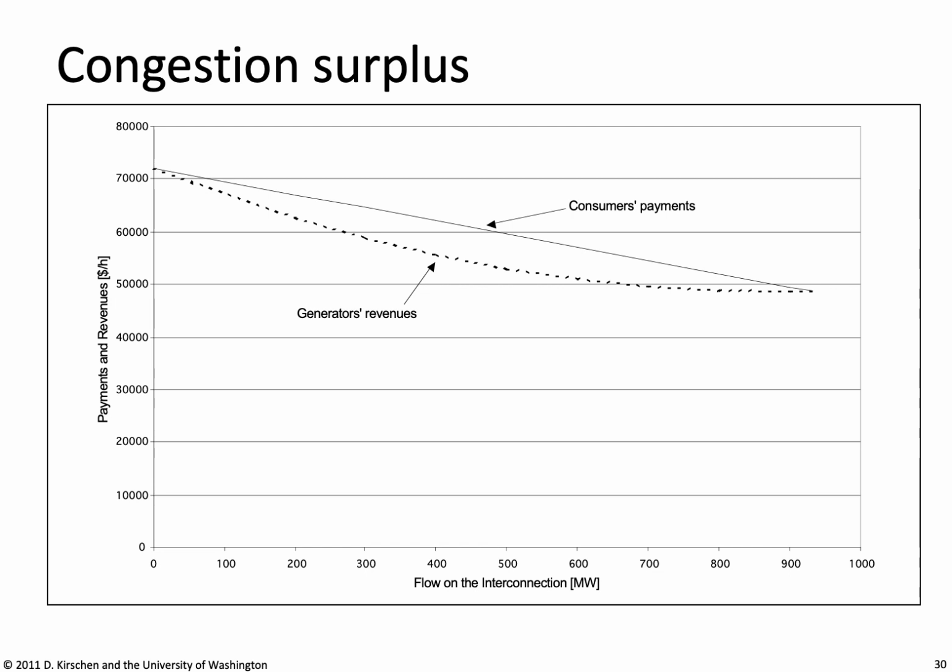As we increase the flow in the interconnection, the payments and the revenues decrease, and we decided that was a benefit to the economy, up to the point where the flow in the interconnection reaches the value that would be set by a pure market equilibrium, where again the payments and the revenues are equal. In between, the consumer payments decrease linearly, while the generator revenues decrease faster, and we have this difference between consumer payments and the generators' revenue.